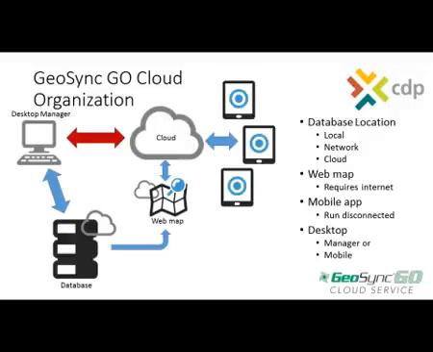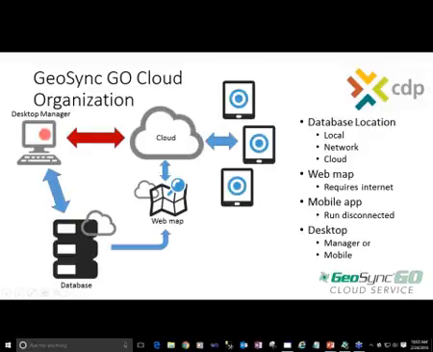This is the way things are organized. It's kind of an overview of how the cloud service is organized. The desktop manager is where the management function takes place, and then the GeoSync GO Cloud provides storage and provides a transport mechanism for information to move from the manager out to our mobile devices.